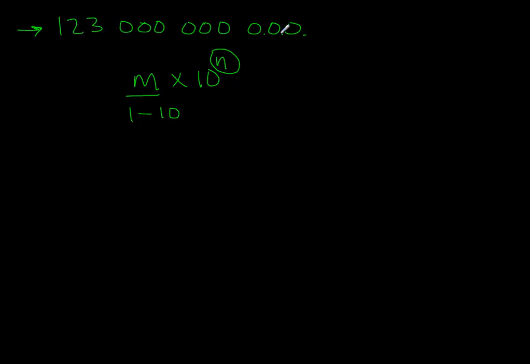We start here. 1, 2, 3, 4, 5, 6, 7, 8, 9, 10, 11. So we're now between 1 and 10. And I would express that very large number in scientific notation, and it would look like this. 1.23 times 10 to the 11th power.